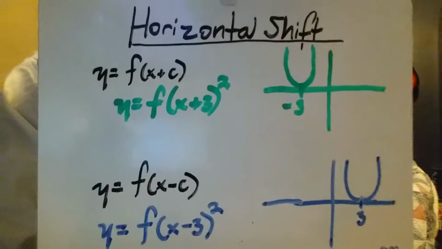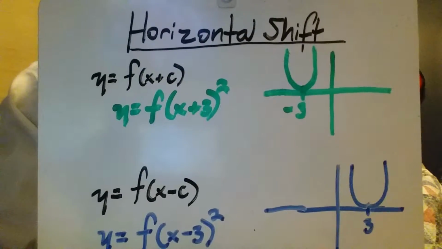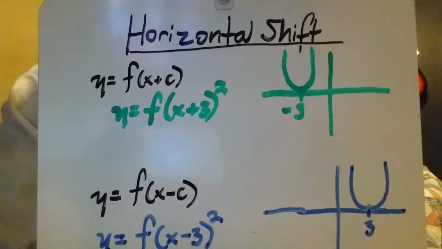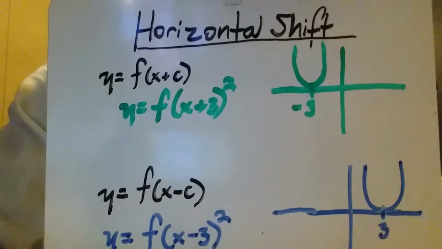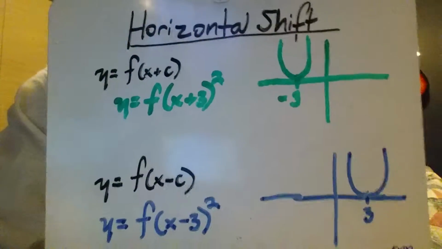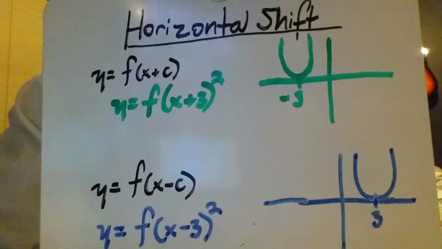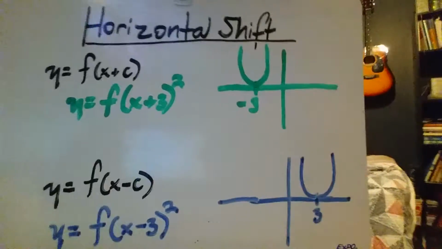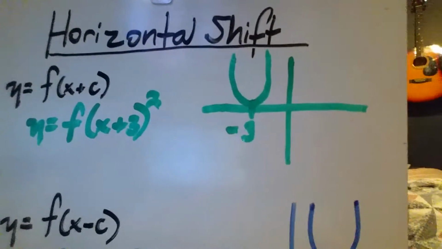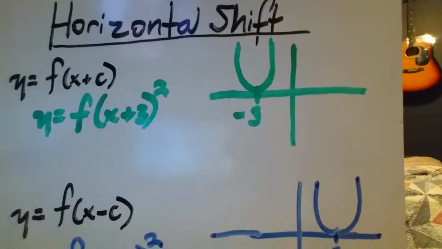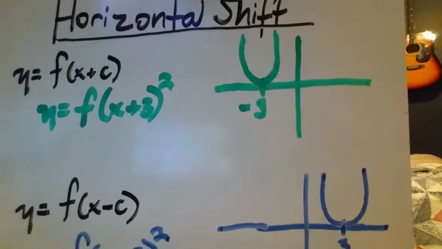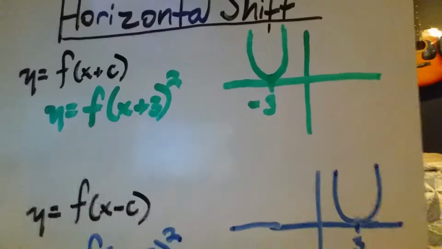For example, in our first one, we have y equals f of x plus c, with of course c being in the parentheses. I've given an example here, y equals (x plus 3) squared. So in this case, even though it is plus 3, you're actually going to be moving on the negative side of the x-axis.